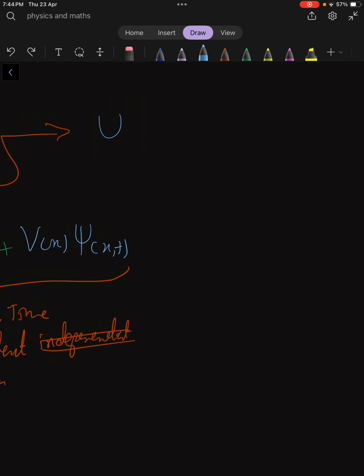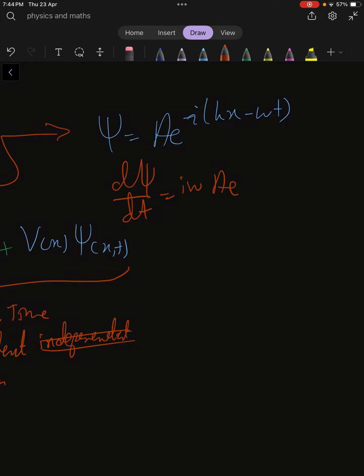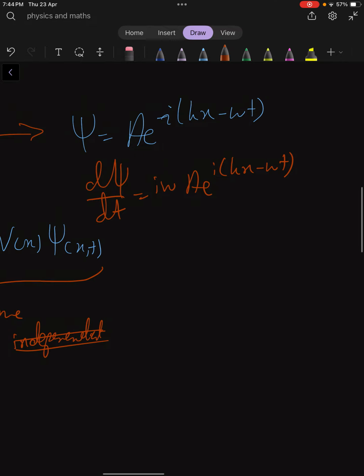So psi is equal to a e to the power i(kx minus omega t). We get d psi by dt as i omega a e to the power i(kx minus omega t).